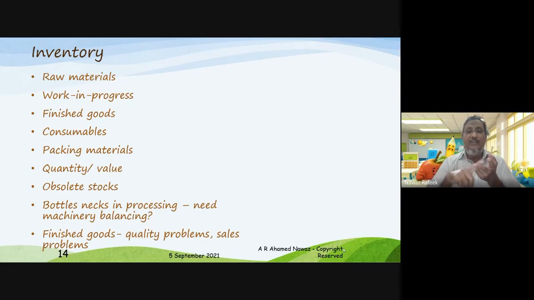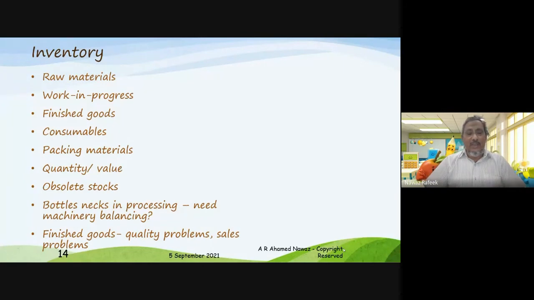Then we can identify, depending on the product, for example a fast moving item more than 6 months old, that means it's obsolete stock. It cannot be sold anymore, so that has to be removed from the stocks. Okay, so these are the important factors. Verify the stock list when you go for inventory inspection. Take a stock list from the customer, check the stock list, and verify the important things.